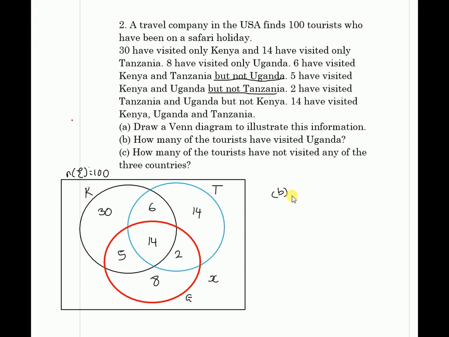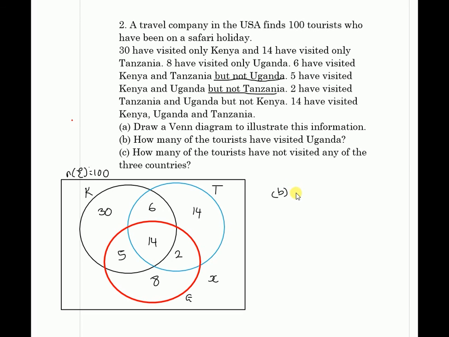Those who visited Uganda only were already given, there were 8. However, there are those who visited Uganda but also visited other countries. Even when you go to other countries, you have still visited Uganda.